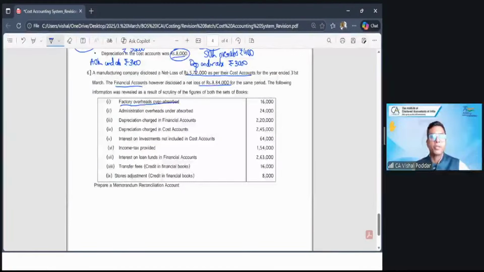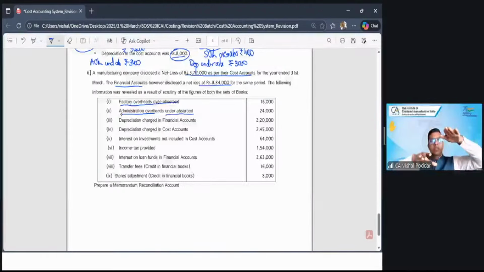Now comes administrative overheads. Under absorbed. Under absorbed means expenses are less in costing. Now again, both these hands represent loss. What they are saying is that the expense is less in costing books. Now if expense is less, what is the impact on loss? The loss will reduce. So the expense is less, so the loss will be less.